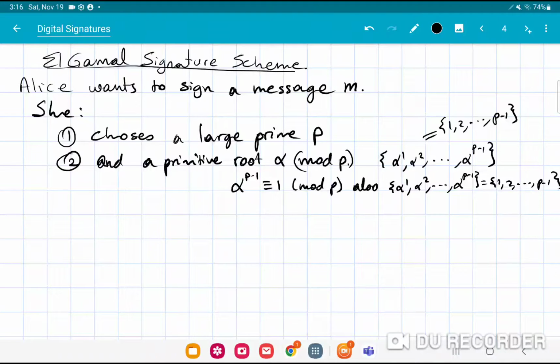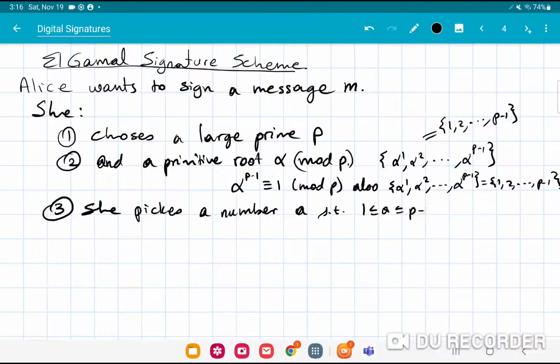And next she chooses a number a, an exponent between 1 and P minus 2, and keeps it secret.